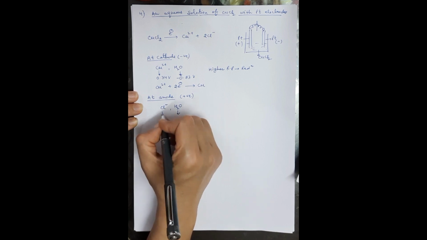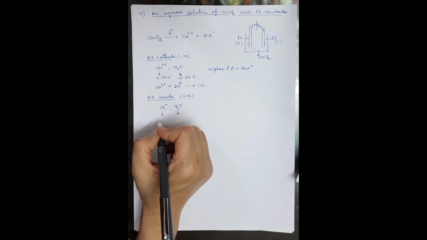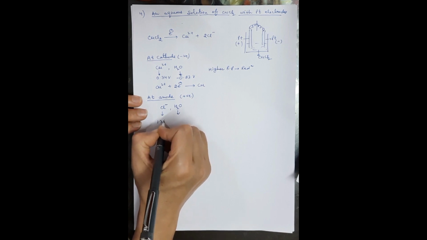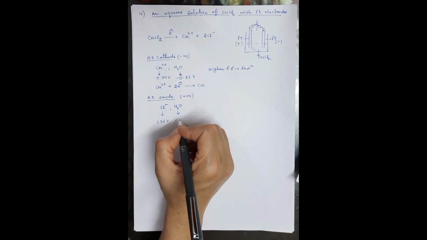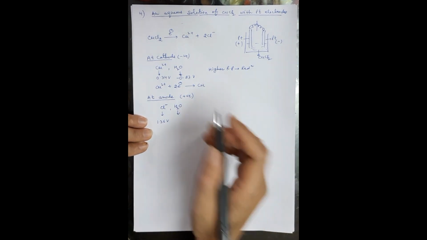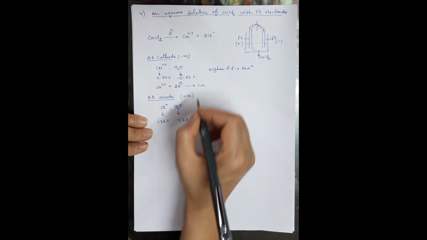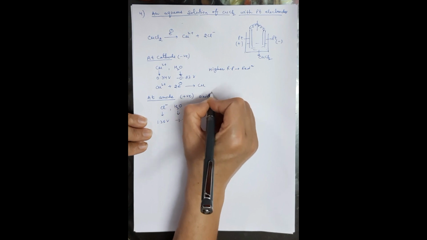Who will undergo oxidation out of the two? So chloride ions, again you check the reduction potential. Reduction potential of chloride is 1.36 volt, whereas for water it is minus 1.23 volt. Who undergoes oxidation at anode?